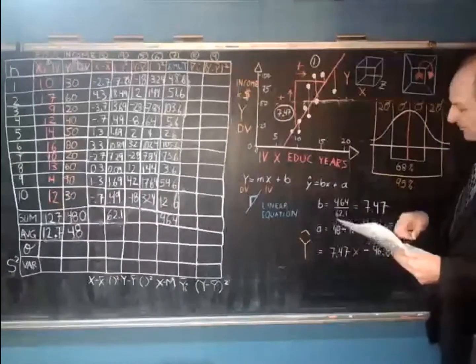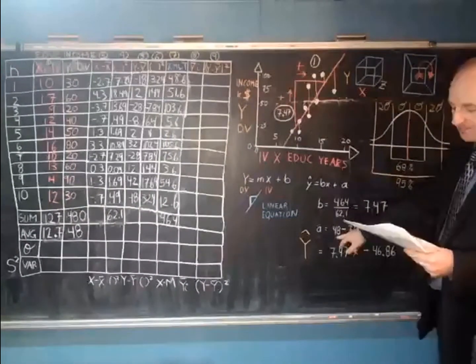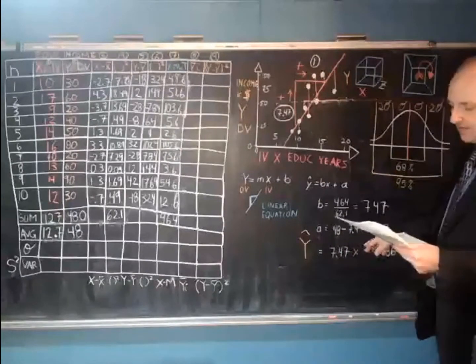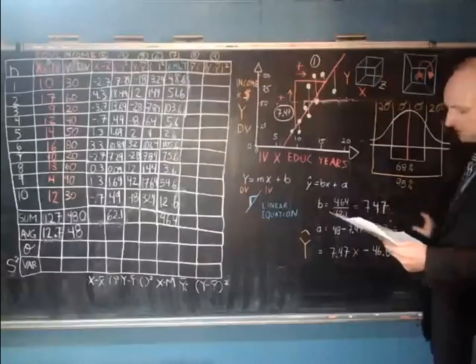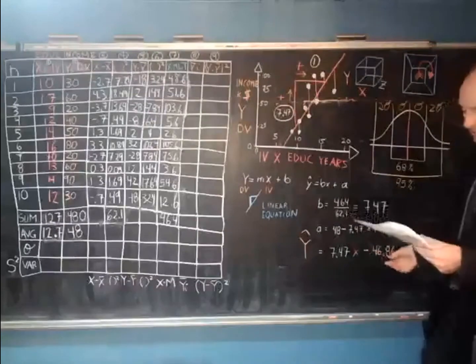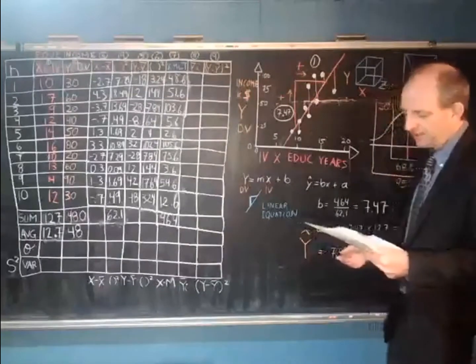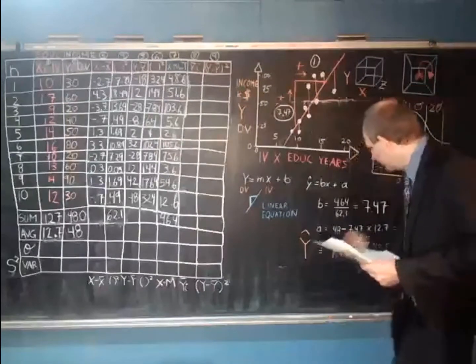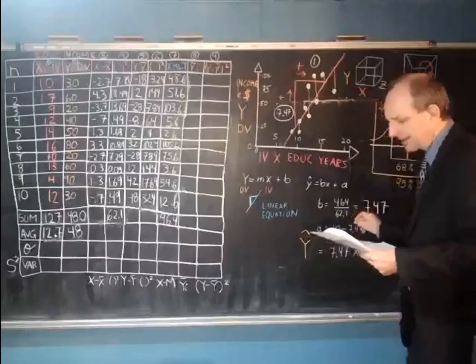So that's going to be 48, which is serial 5, which is what we calculated earlier on, minus, and here you've got square brackets to keep both values together, serial 13, which is going to be minus 7.47.